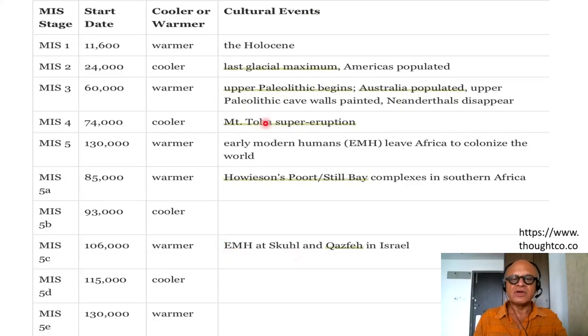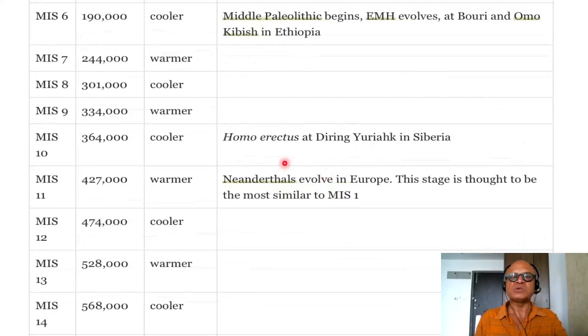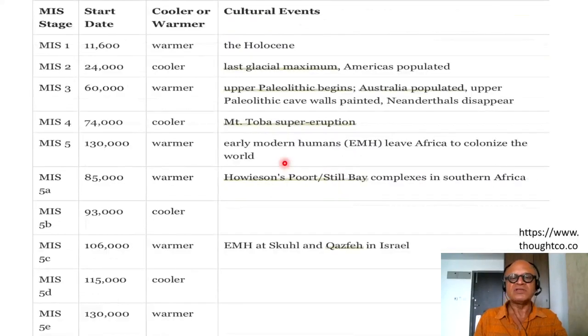But here we are, various things, modern humans appearing at Skhul and Qafzeh in Israel, various places we have seen before in South Africa. Early modern humans, so EMH is early modern humans, leave Africa to colonize the world by 130,000 years ago.